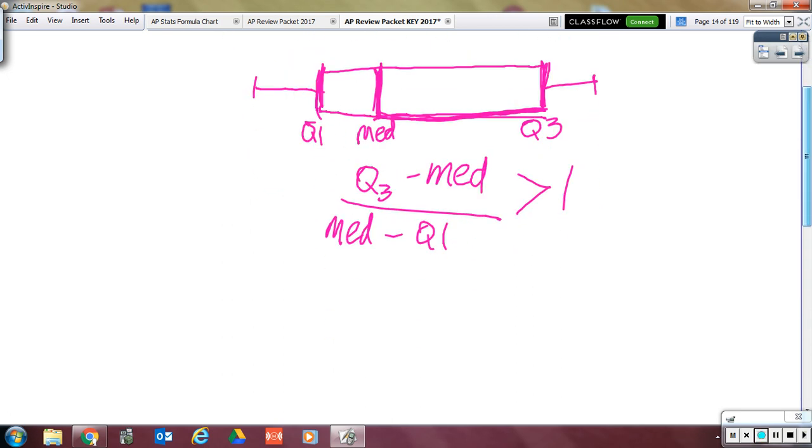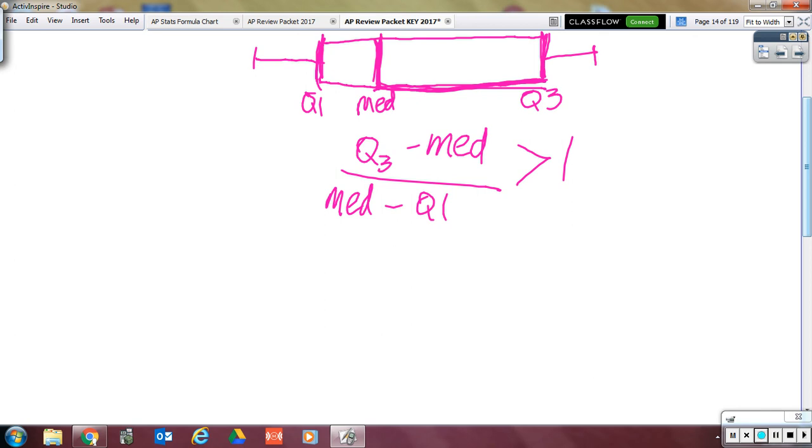I think when I originally did this, I wondered if this is considered a formula if I say Q3 minus median is greater than median minus Q1. It's the same thing, but I wonder if I could have left it in that format and gotten credit, or if I had to do it in a ratio. Ooh, let's look at the directions.